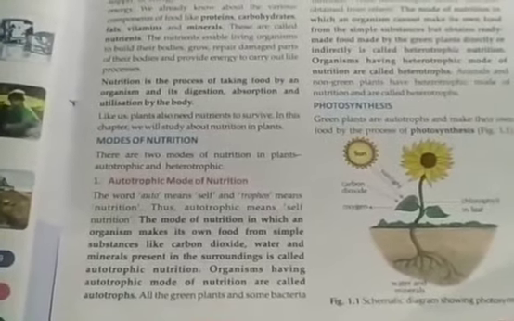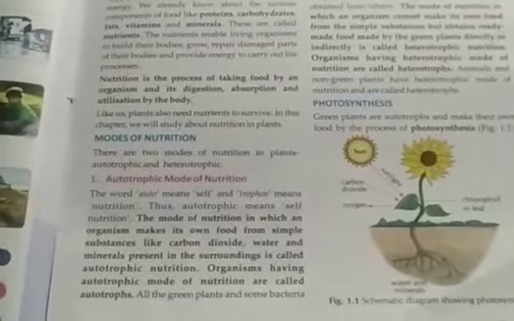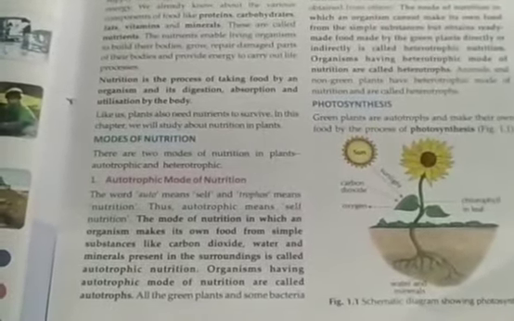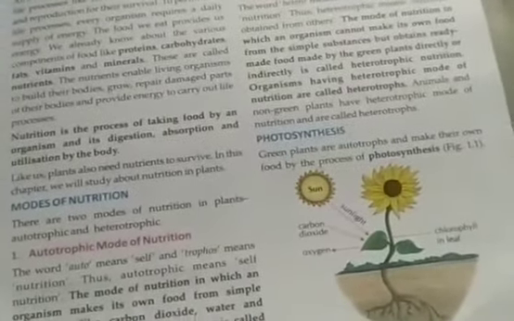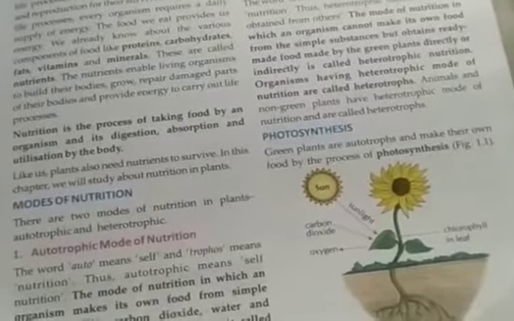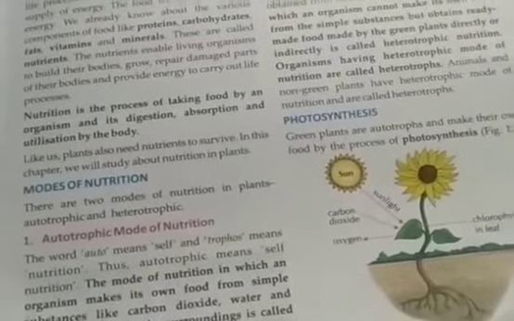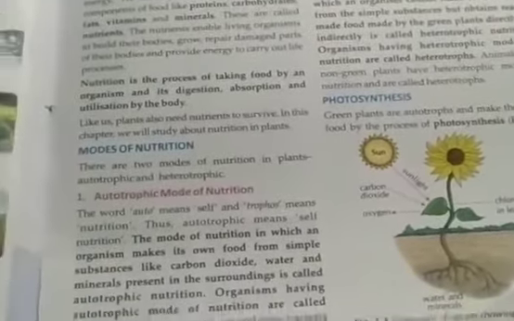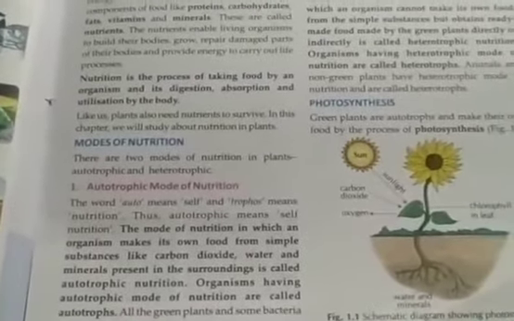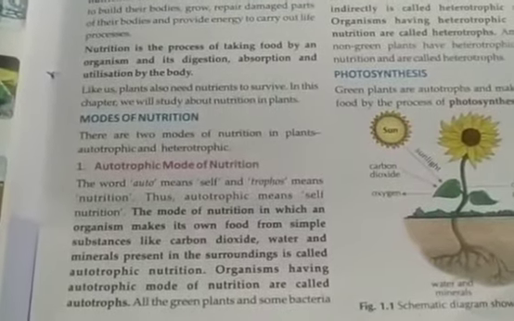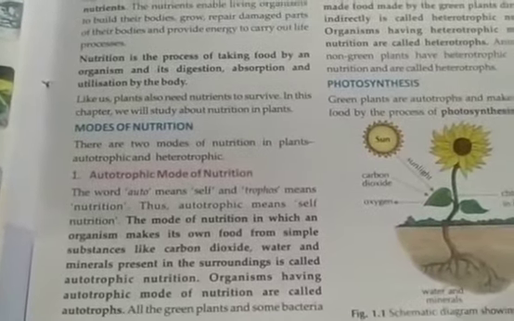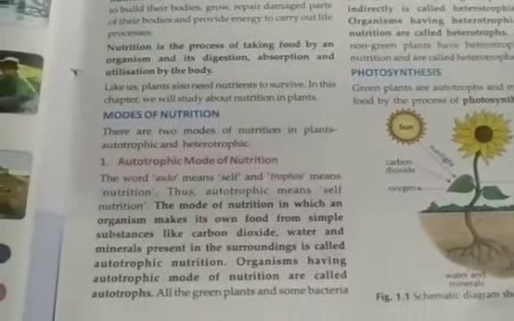The word auto means self and the word trophus means nutrition. So the word trophic comes from the word trophus, which is a Latin word, and that word means nutrition.